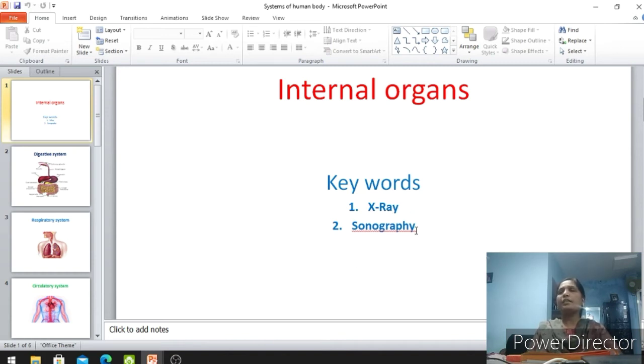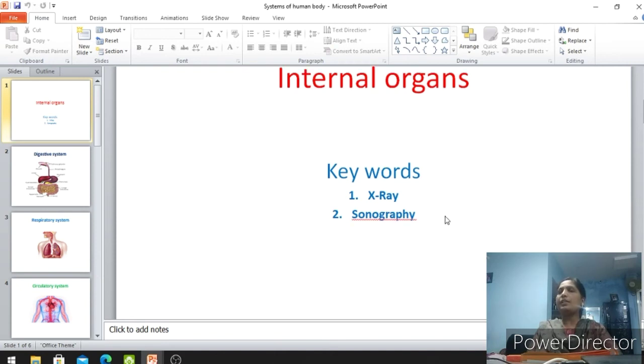They'll find out by using the X-ray or by doing sonography. Ultrasound scanning is also used to identify. By doing these tests, they will find out the reason for the disease, and according to that, to reduce the disease, they'll prescribe medicines. If needed, they'll do some surgeries.